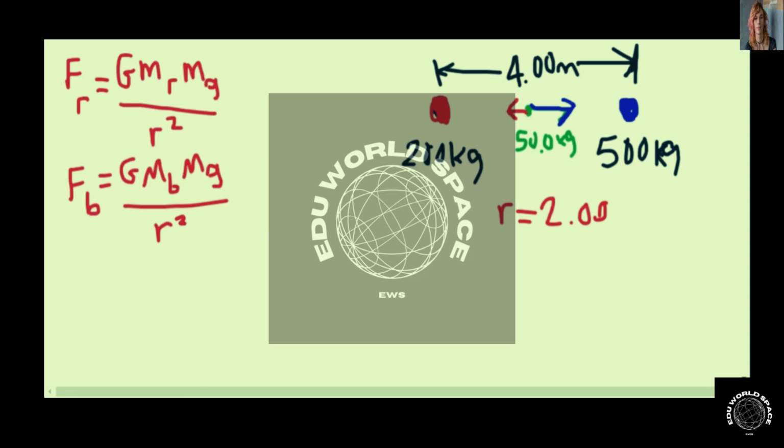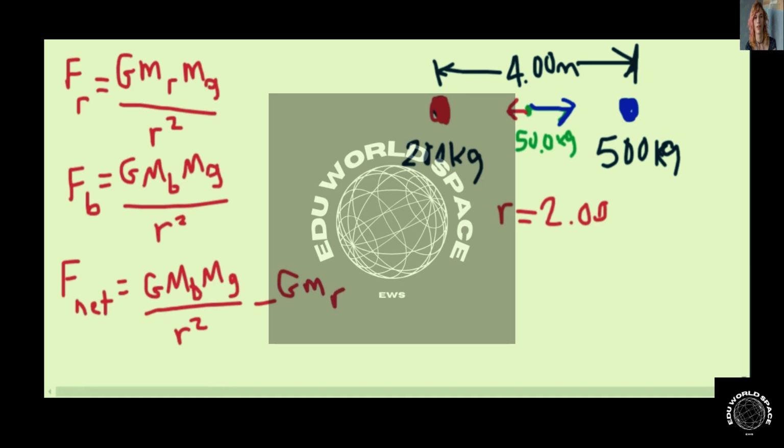The net force will be in the direction of the blue one. So force net is G M blue M green over R squared minus G M red M green over R squared.